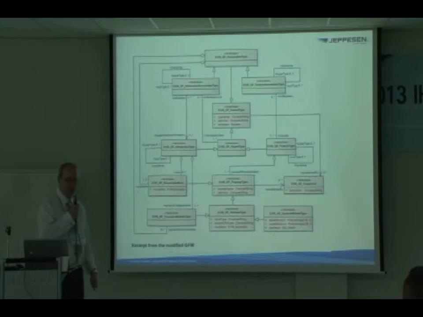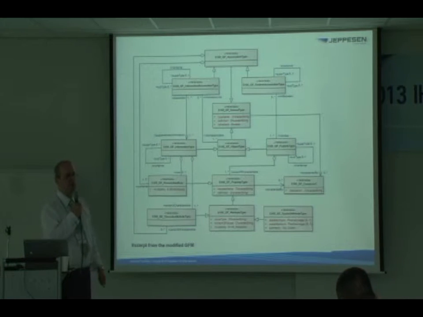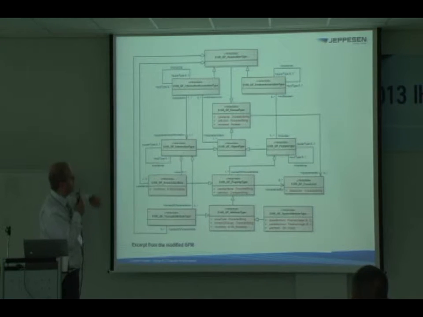So, the first change we did was this. This was a group effort with a lot of TSMAD members. And in this sense, we got the association here, so we could associate between different information types.